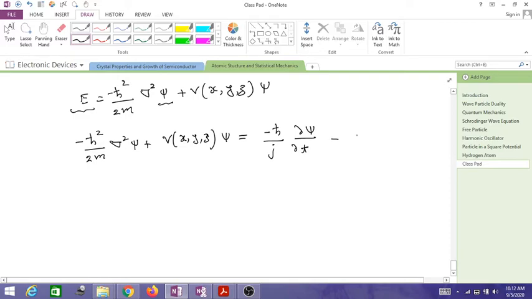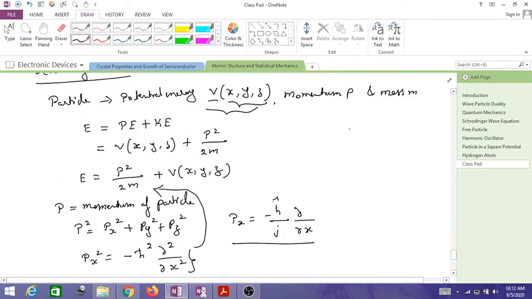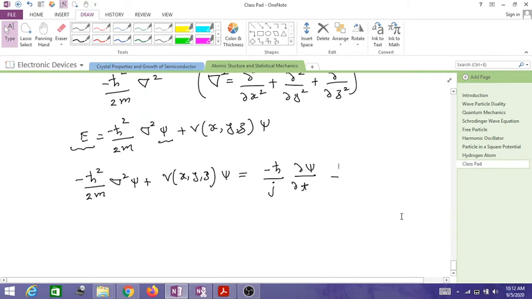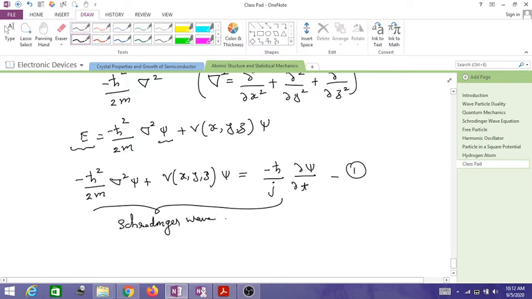And let us call this equation number 1 here, and this equation is nothing but the Schrodinger wave equation.